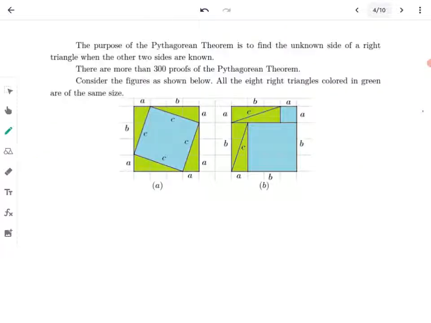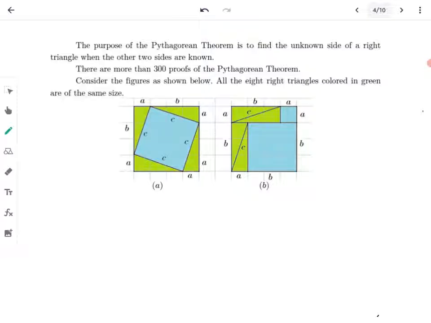As you can see here, we have two identical squares. In figure A and in figure B, there are 4 right triangles in figure A and 4 right triangles in figure B, and they are all congruent triangles.